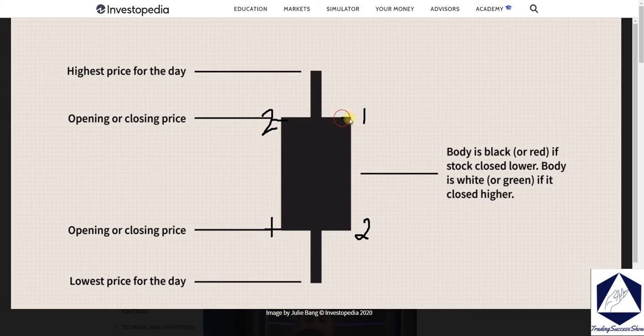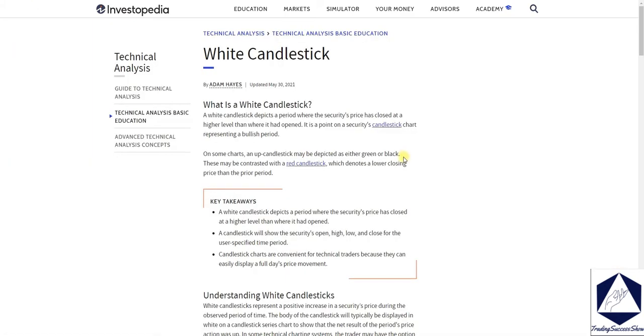This can be the open or this can be the open. So you have to understand. And then this big area right here is the body of that particular candle for the day. Okay, so with that being said, let's dive into some history about candlesticks.